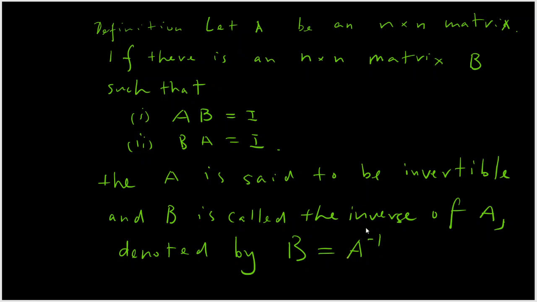So this notation is for the inverse of A. Okay, it's comparable to A to the power of -1. But the main reason is because multiplication of matrices is not commutative. So we do not call the inverse of A the reciprocal or anything else. We just say it's the inverse. We just call it the inverse of A.